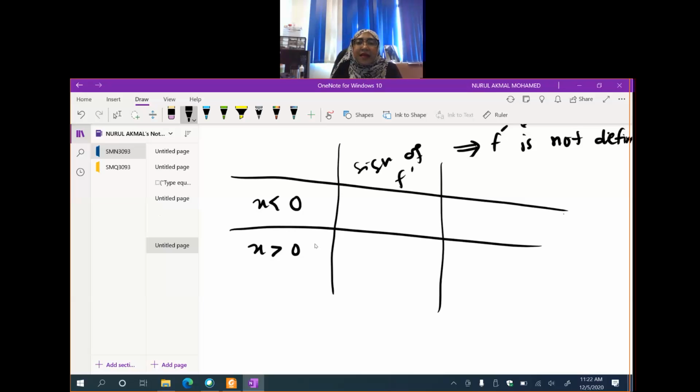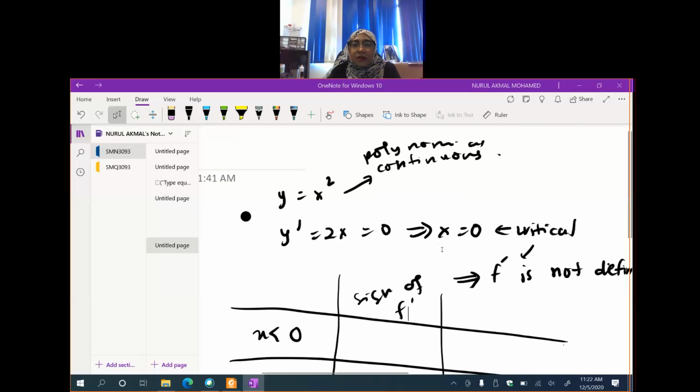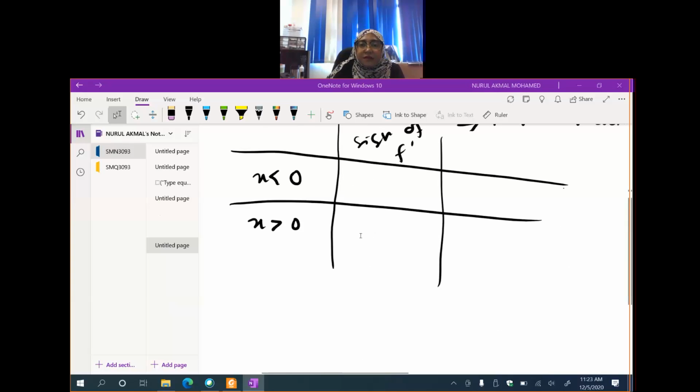So for x less than 0, the sign of f prime will be what? It will be negative, and for this one it will be positive.